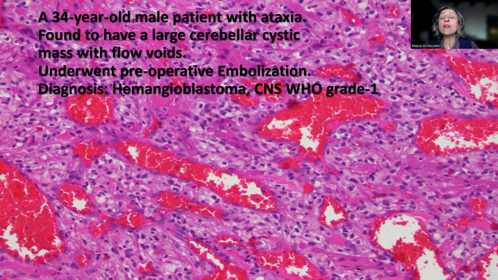There were areas of necrosis, and probably this is related to the embolization that was performed preoperatively in order to try to minimize the vasculature and the hemorrhage that might occur during surgery. Now, Ki-67 was slightly elevated. Again, probably this is related, like a reaction or regeneration, to the death or necrosis induced by embolization.